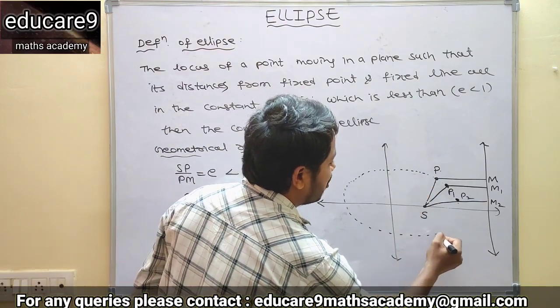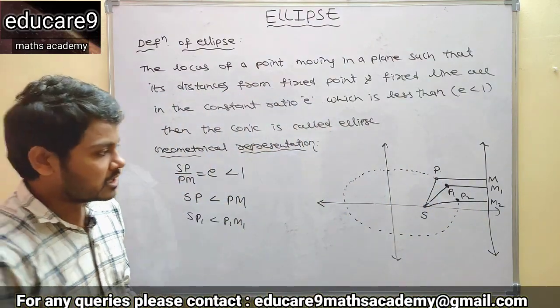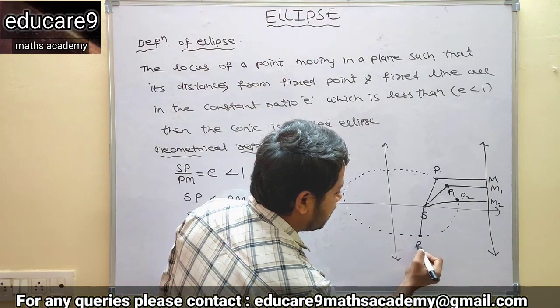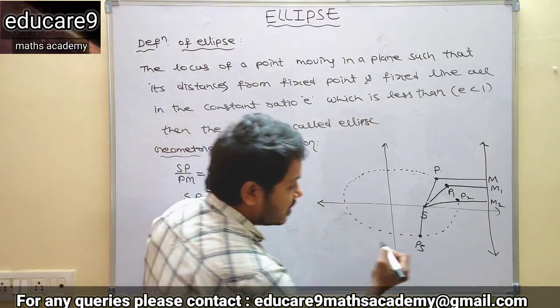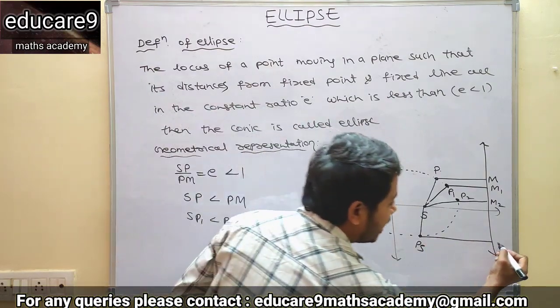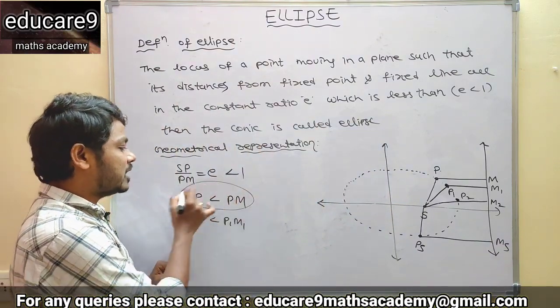Once you see here, all these points satisfy the given geometrical condition. For example, this is some point P5, SP5 is less than P5M5. That is the given geometrical condition.